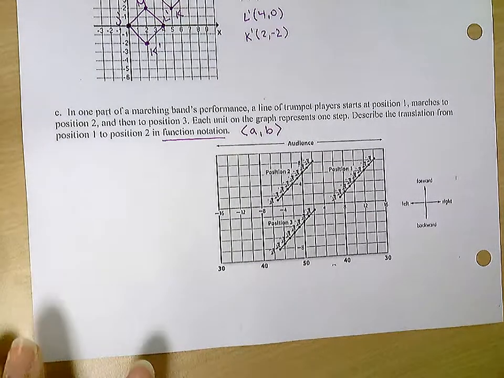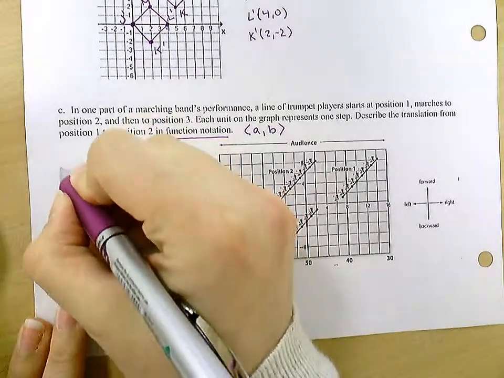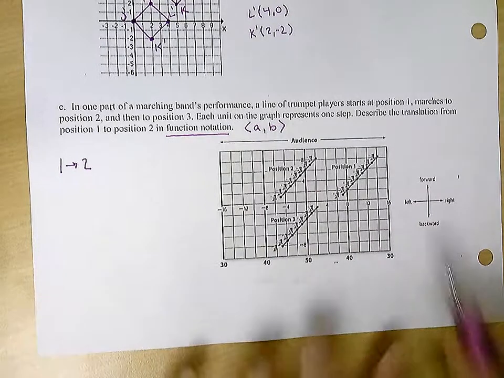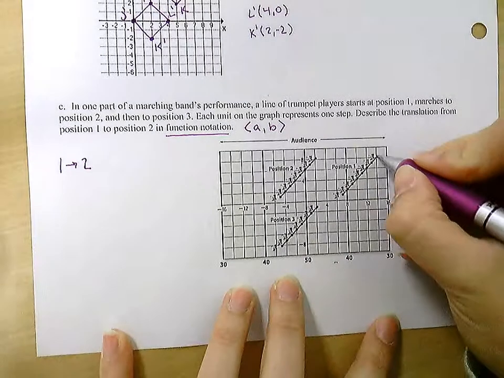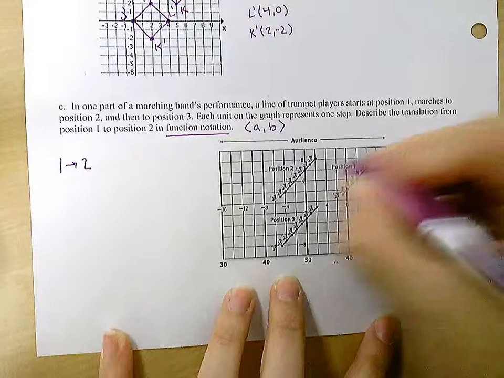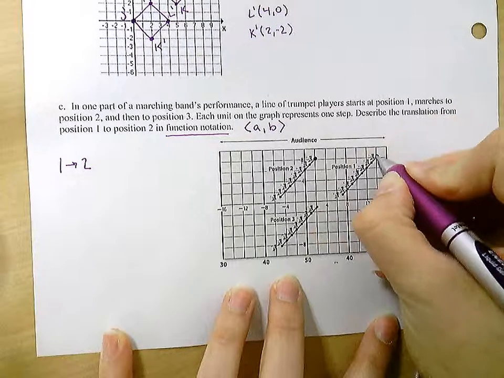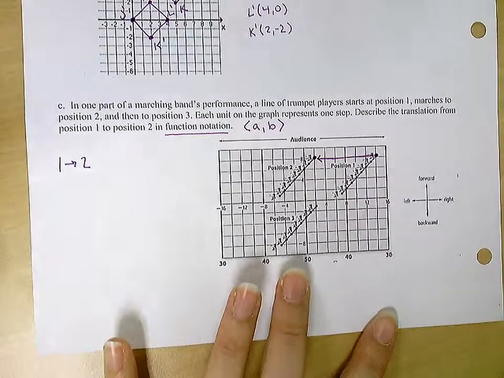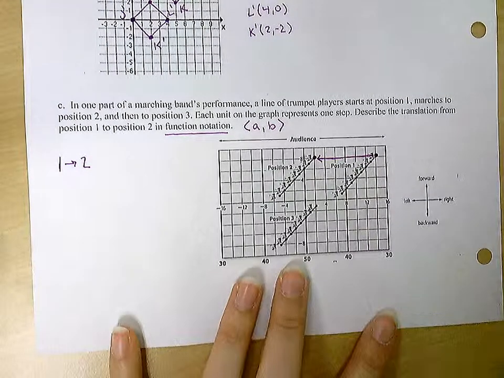Okay, so if I want the vector from position 1 to position 2, okay, so that's from here to here. So starting at this point, moving to this point. Okay, I'm moving this way. Okay, so I'm moving left.